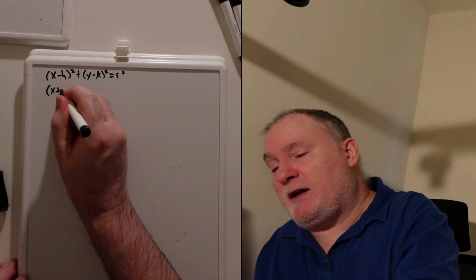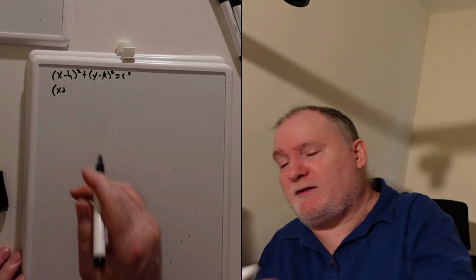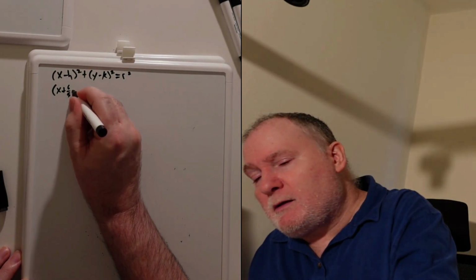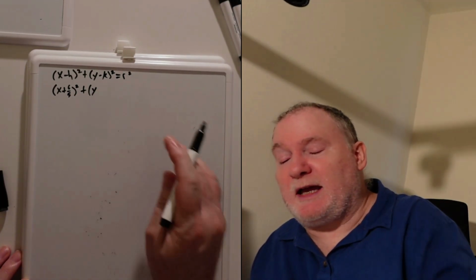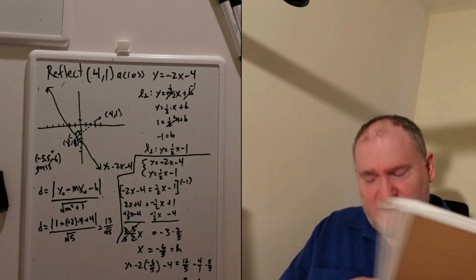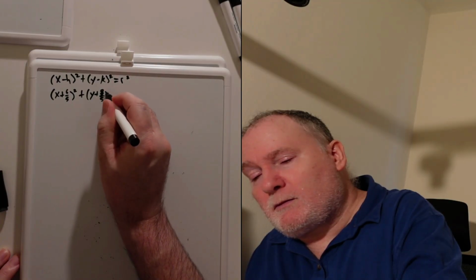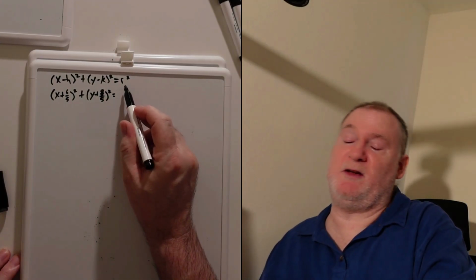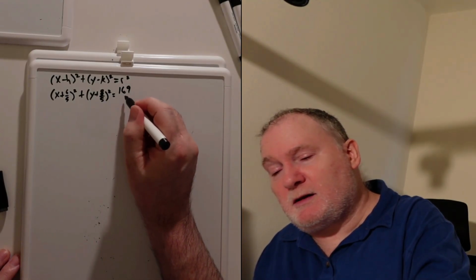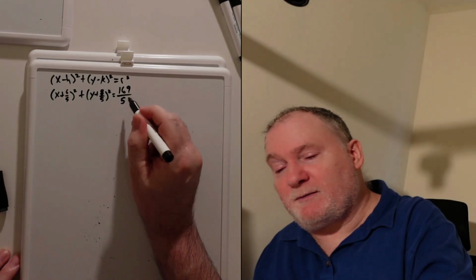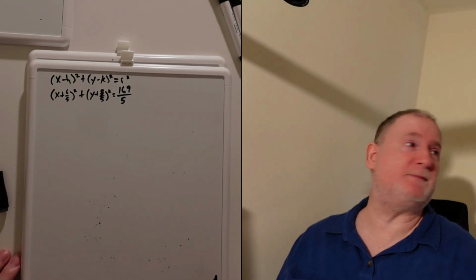So it's x plus, h was negative 6/5, so positive 6/5. y is y. k was negative 8/5, so plus 8/5. And this was 13 over root 5 squared. 13 squared is 169. Root 5 squared is 5. So that's the equation of our circle.